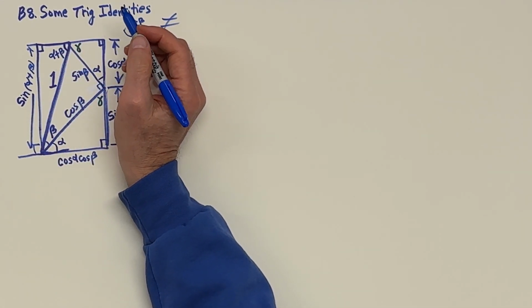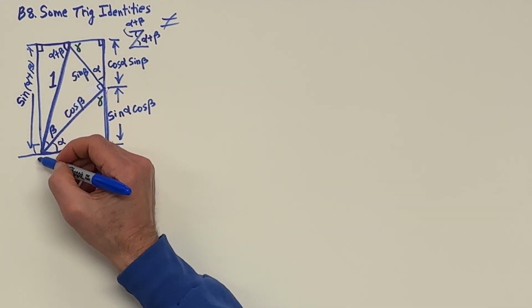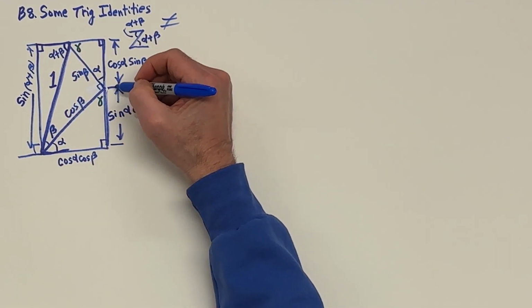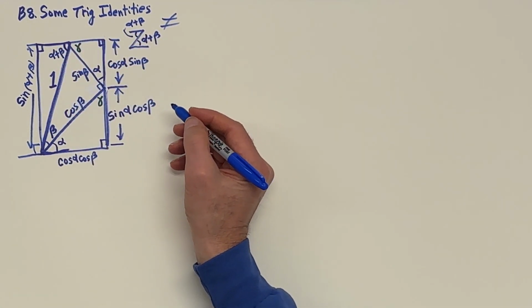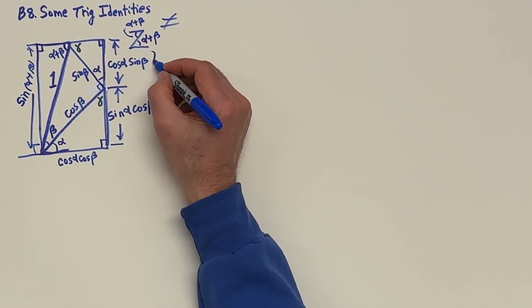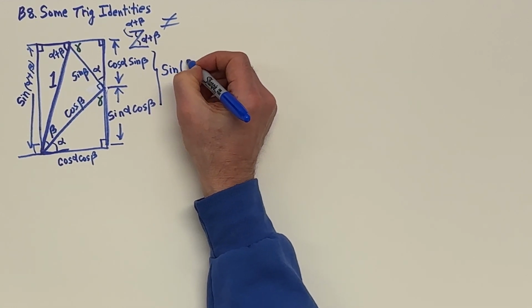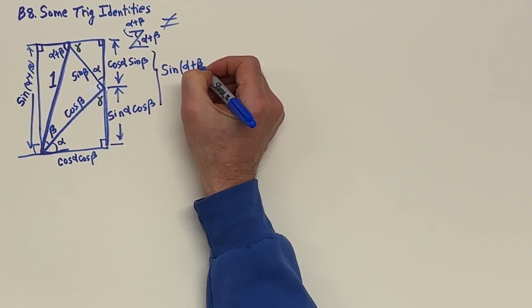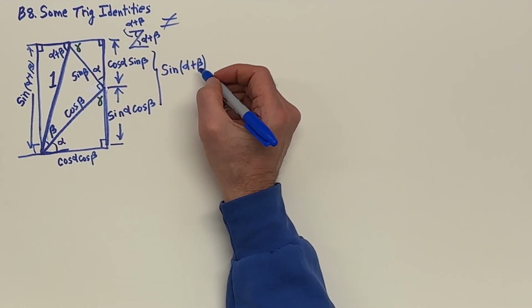So now we have a nice formula that looks a little scary, and that is this whole length here is add up these two lengths, since that's a rectangle. This side and that side are equal. So that means when you add these two together, you'll get the sine of alpha plus beta. That's the sine of the sum, alpha plus beta.